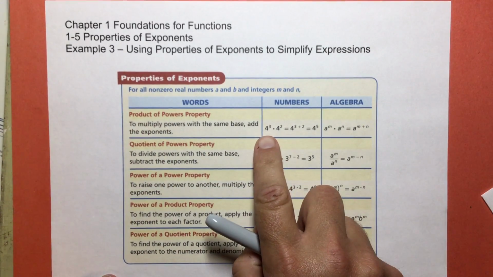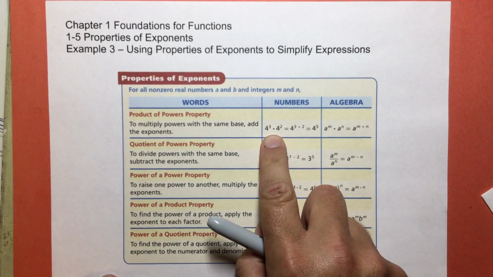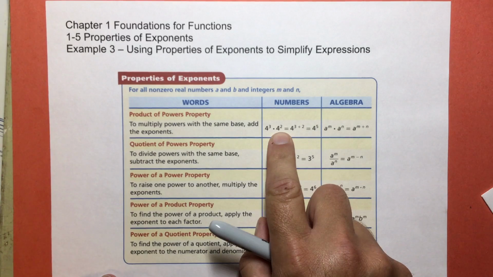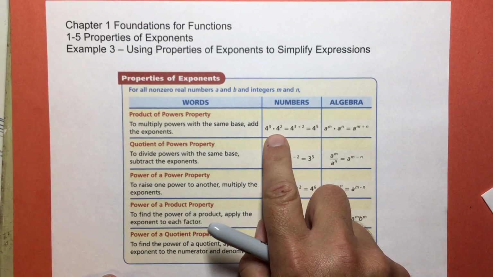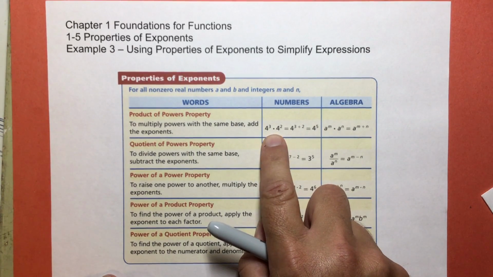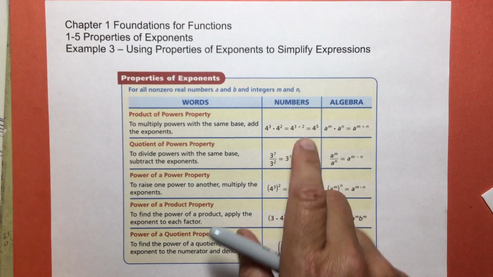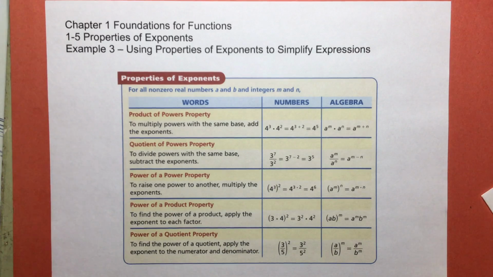Basically, it means if you multiply two powers, 4 to the third power times 4 to the second power, for example, if the bases are the same, which is the 4, then you just add the exponents. Essentially what this means, let me get another sheet of paper here.